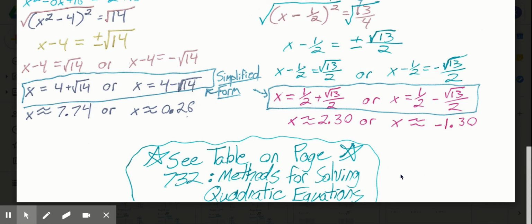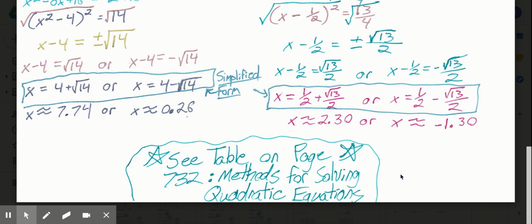What you'll want to do is look at that table and look back at some of your previous notes on solving quadratic equations if you still have previous notes packets. Otherwise, they are still in Google Classroom, and the table in your book tells you which page or which lesson numbers to look back at if need be. So use that table in your book to help you with the practice problems that ask about which method.